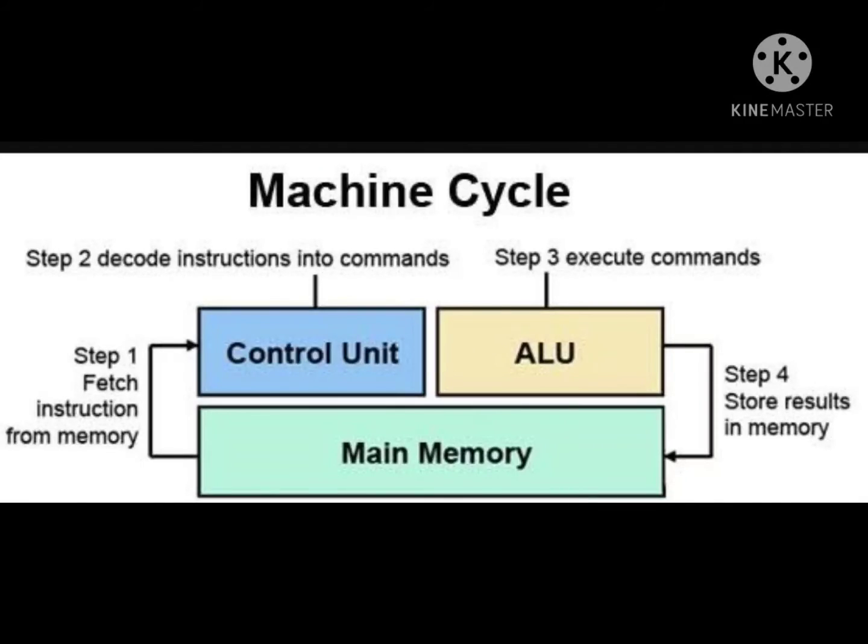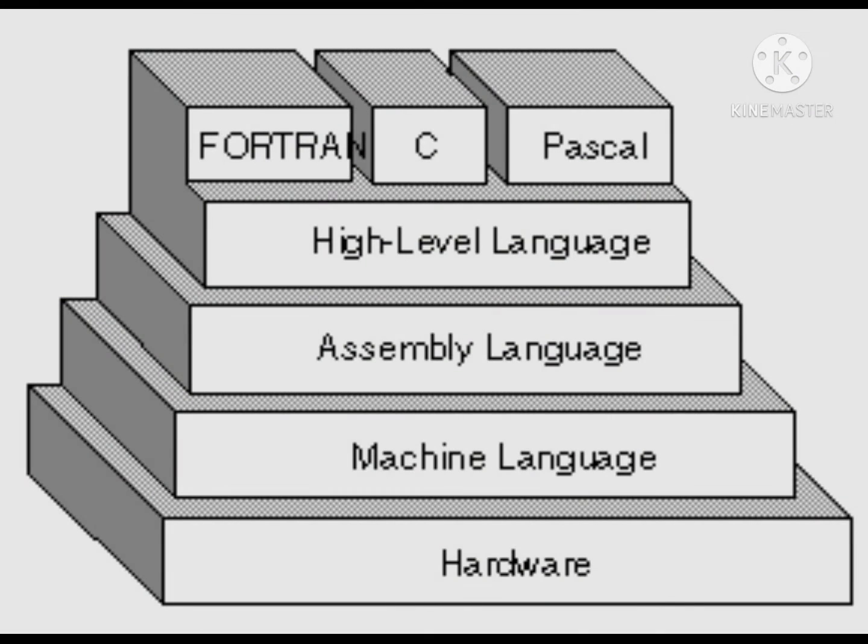Even we can have a question like how the CPU then understands a programming language which is written in high level languages. To understand that we have to know that in programming there are three types of language. One is high level language, assembly language and machine language.